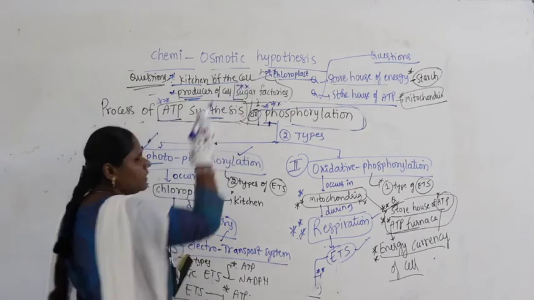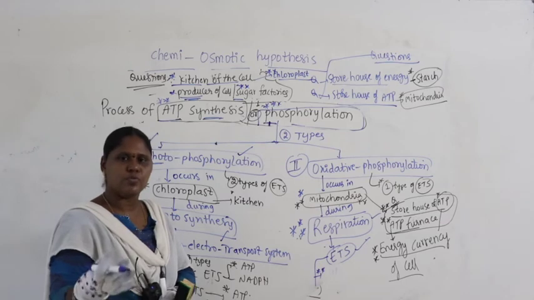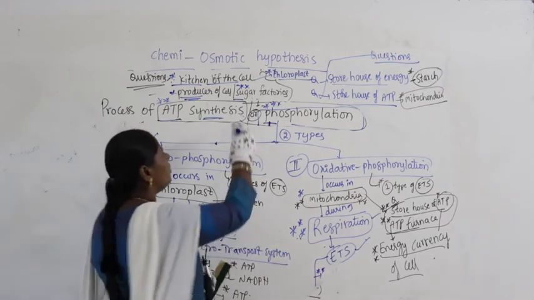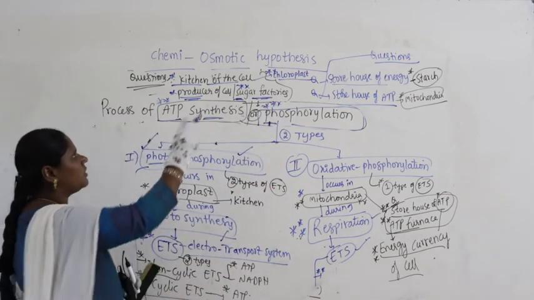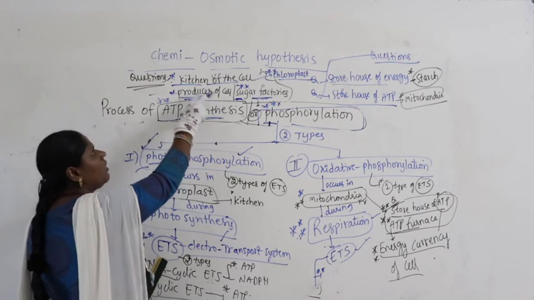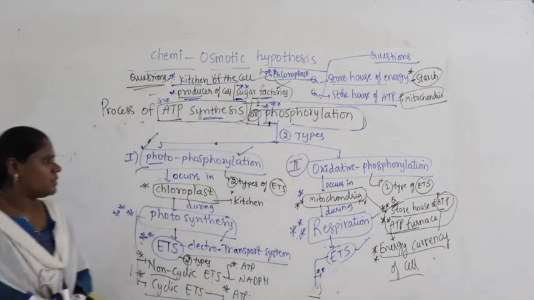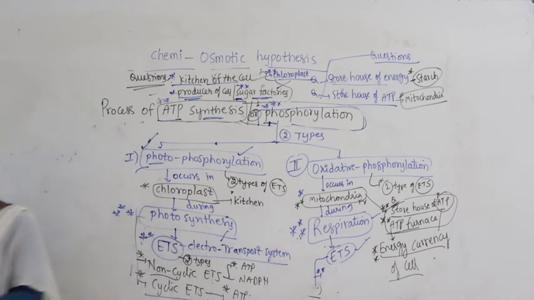And what food is prepared here? Sugar. What sugars? Sucrose, starch, glucose, fructose, mannose, galactose, these are all called sugars. So they are called sugar factories. If the question asks which acts as a sugar factory, producer of the cell, or kitchen of the cell, you have to take the chloroplast. So, according to the question you have to choose the right option.